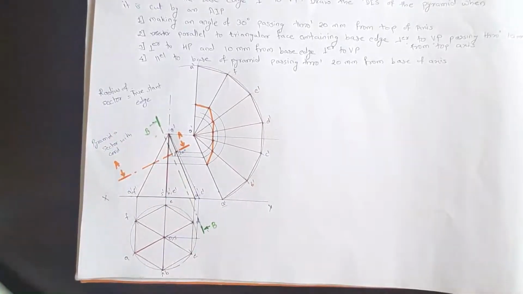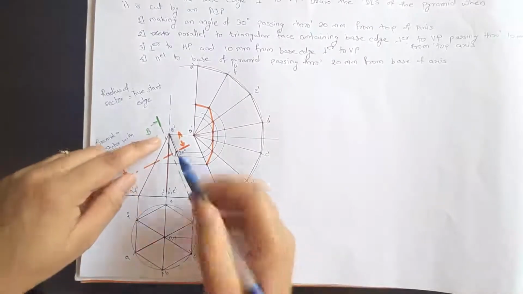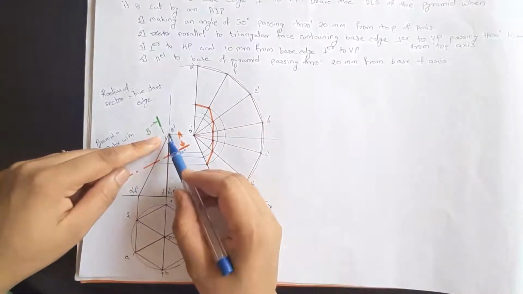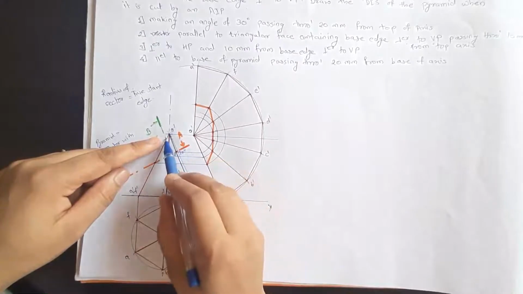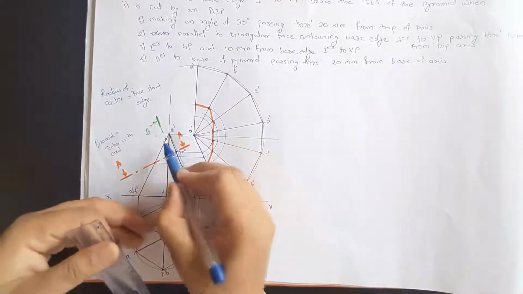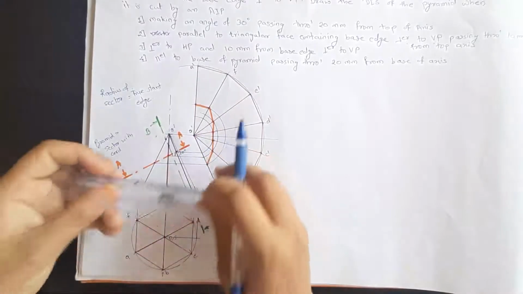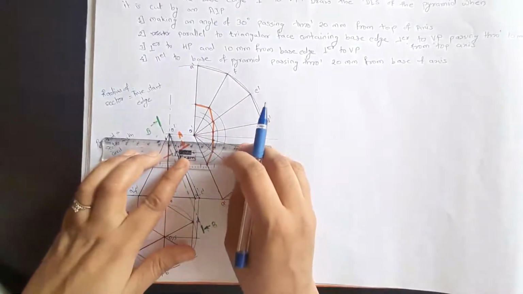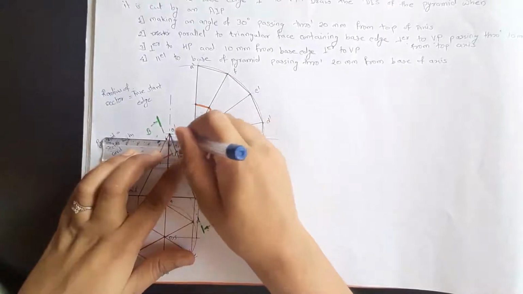Now repeat the process. Wherever it is cutting the slant edges, transfer the projection to the true length of this development. So it is cutting at this portion, right? So from here take the projection to the true length of your development.